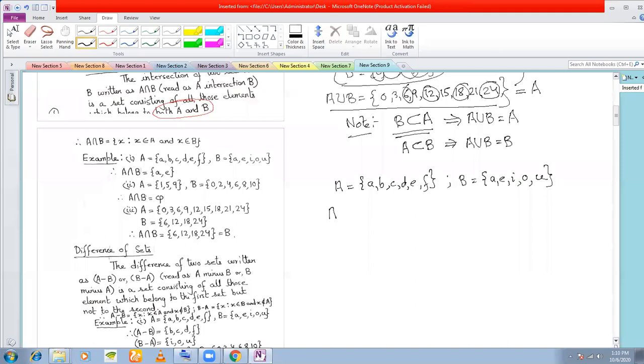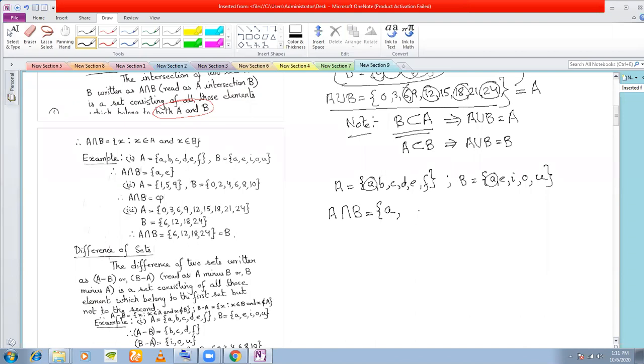Then what should be A intersection B? A intersection B will be the set of those elements which are common to both A and B. Let's see what elements are common. A is common to both A and B, so it will be a member of A intersection B. B, is it common to both?